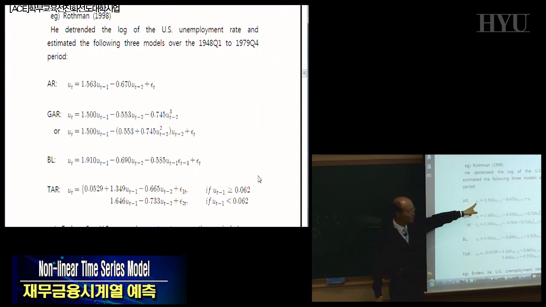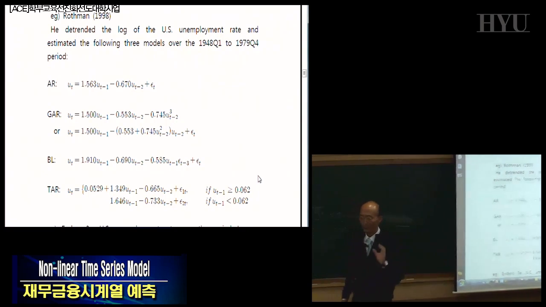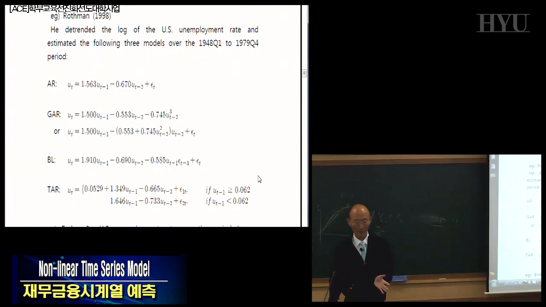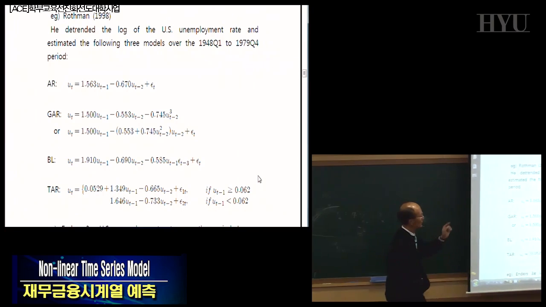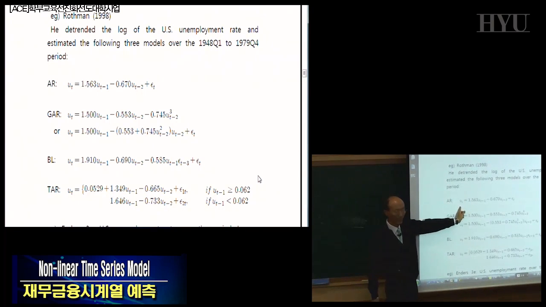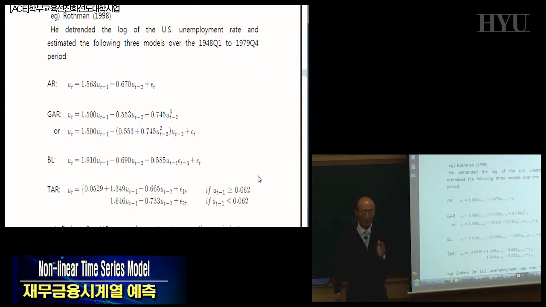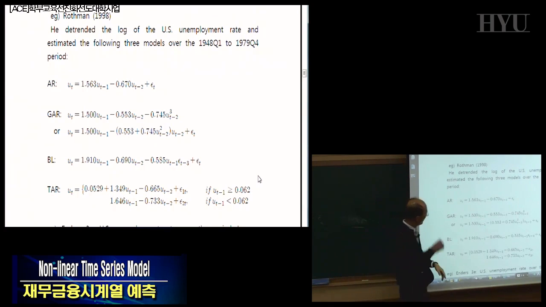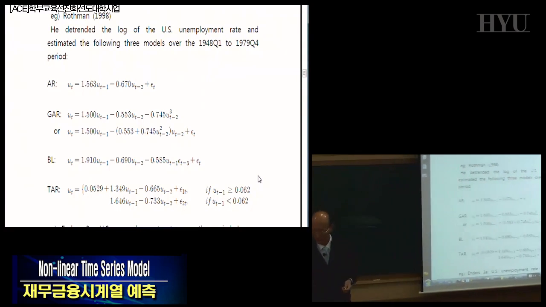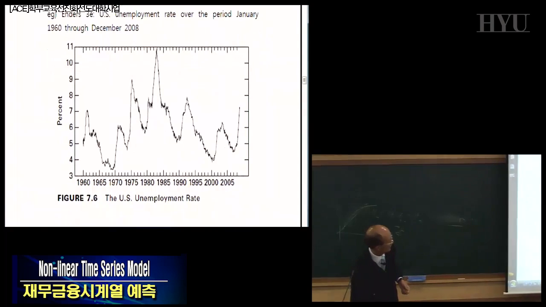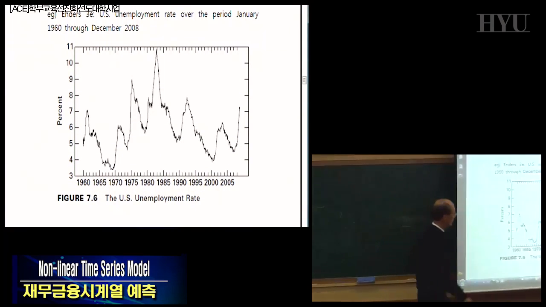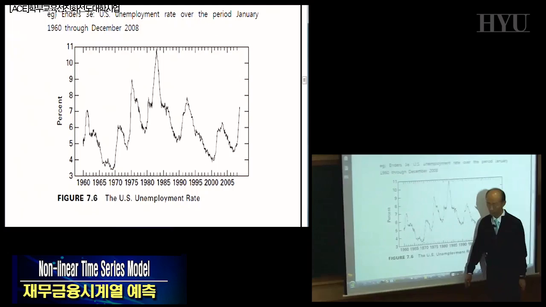So this U_t is not released data; that's detrended data. By detrending, U_t is, by definition, stationary. This is a typical unemployment series.